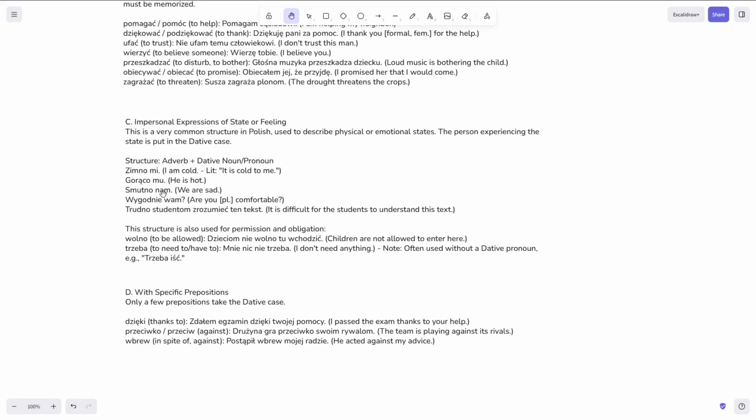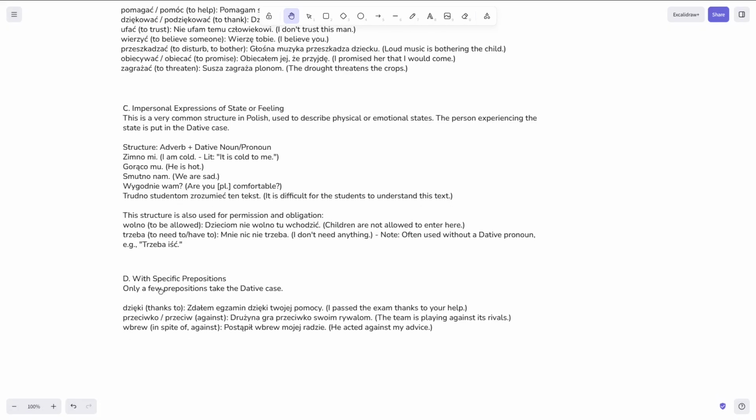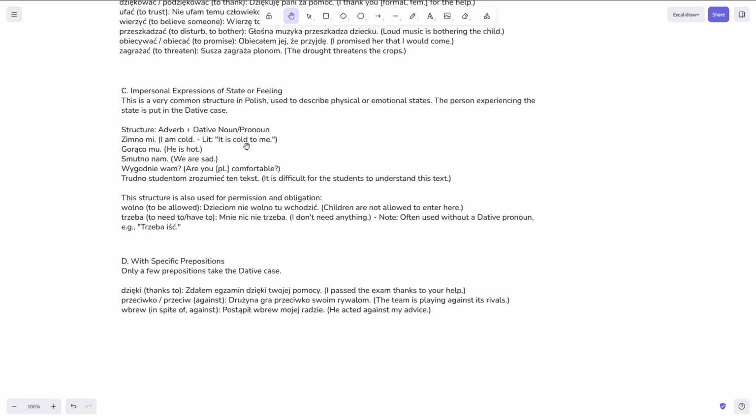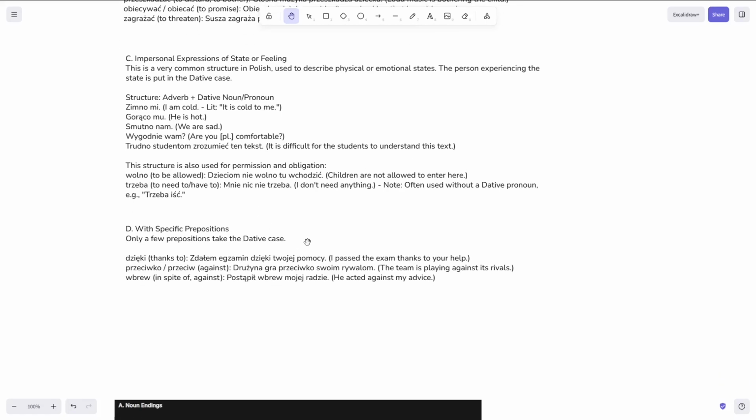But just be aware that this structure is pretty common as well, okay? That you can explain some state of feeling by, as it is here, I am cold, literally would be, it is cold to me, okay? So that's why you use the me pronoun in dative, okay?